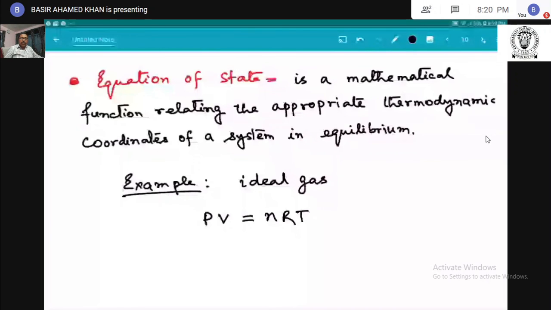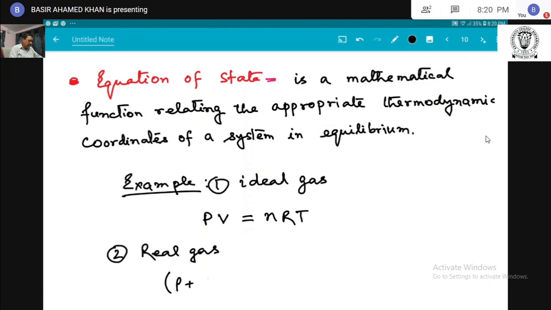And for real gas, the equation of state is (P plus a/V squared)(V minus b) equals nRT, where a and b are constants.